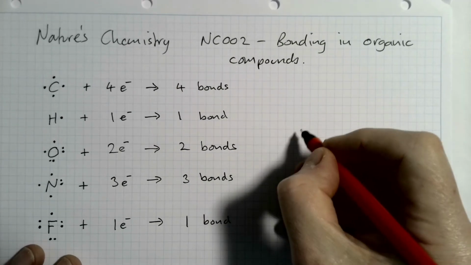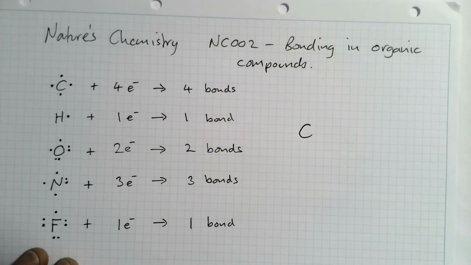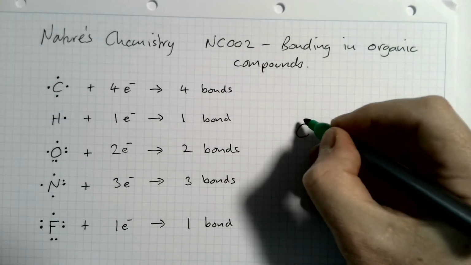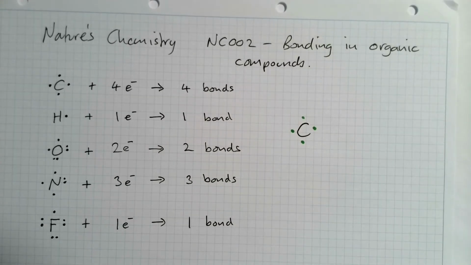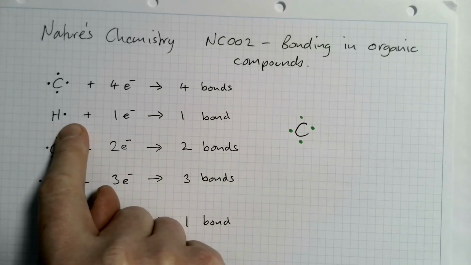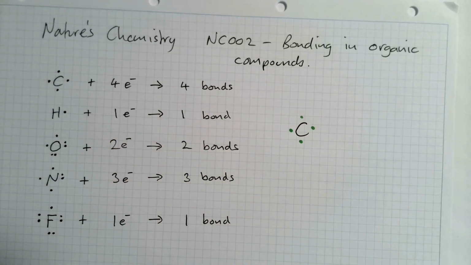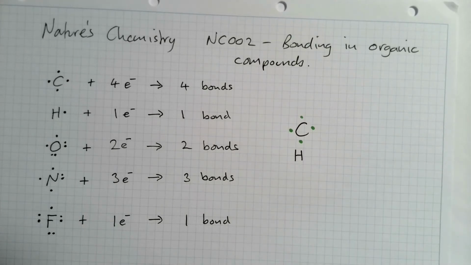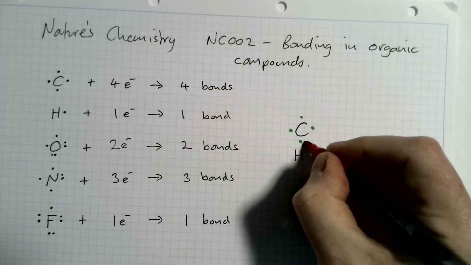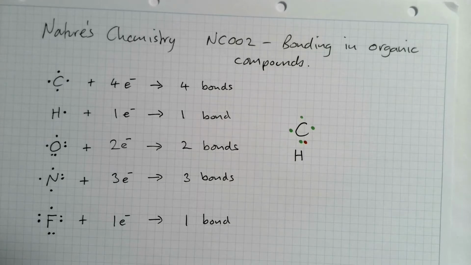So if I take my carbon atom, and it has its 4 electrons around it, then I can take a hydrogen, and the hydrogen will go here, and its electron, we'll make it red, shares up and pairs up with that electron. And so we get a bond.